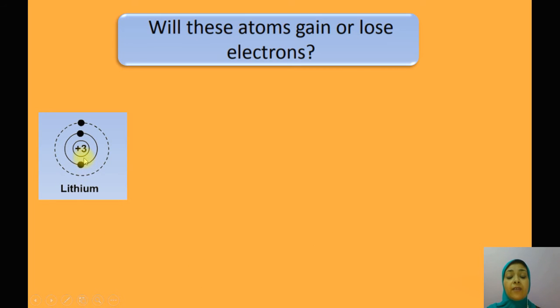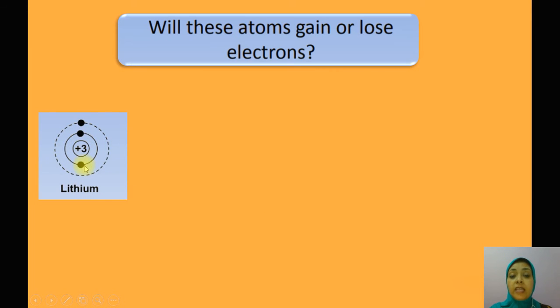So when we have 3 electrons, we need 2 electrons in the first energy level, and we don't need the third one. Why? Because we have to complete the outermost energy level, the first and outermost energy level for lithium.